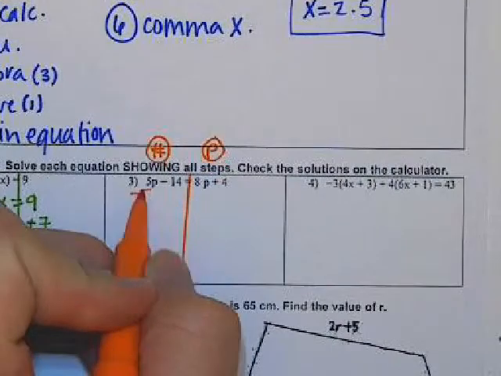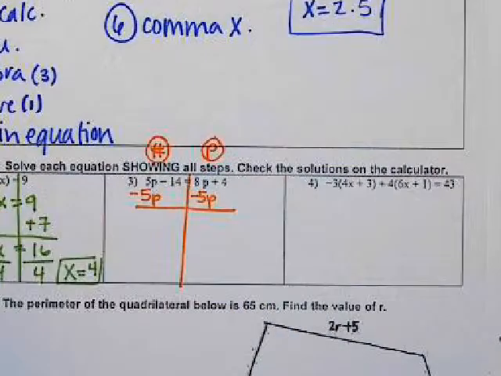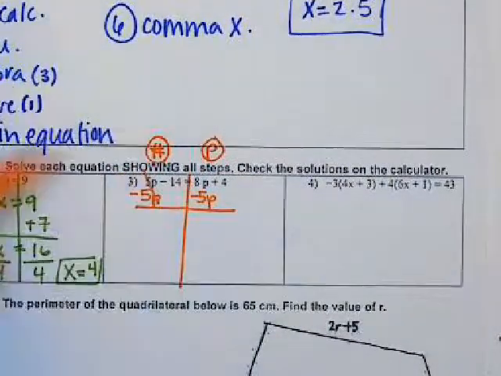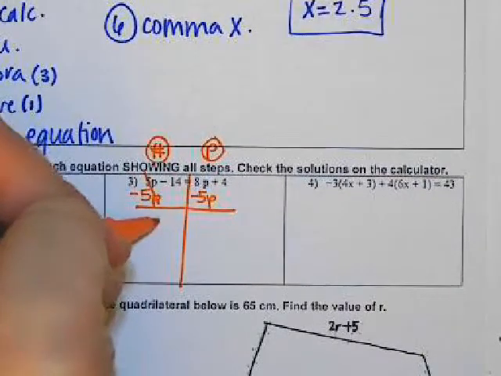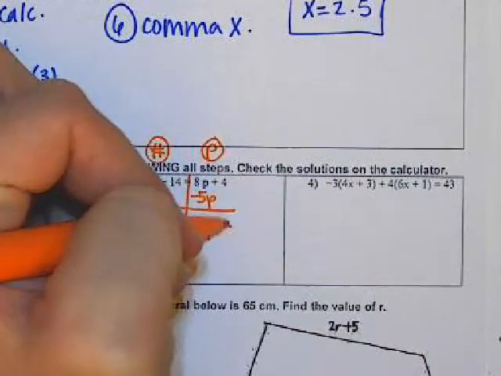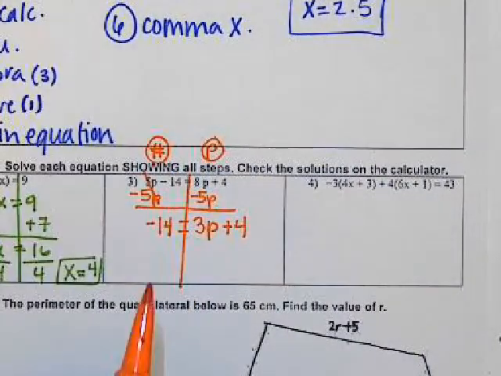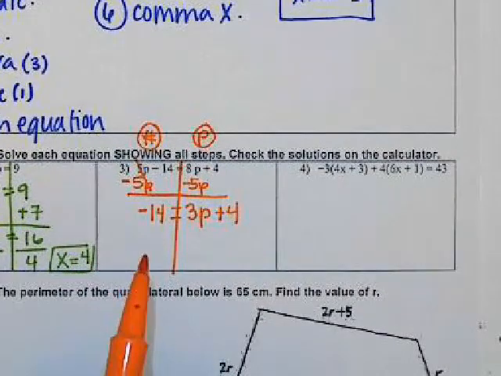Which p is on the incorrect side? 5p. So I need to subtract 5p on each side. 8p minus 5p is 3p. 5 minus 5 is 0. So I'm left with negative 14. That's okay. Now it's 3p plus 4. All my p's are on the same side.